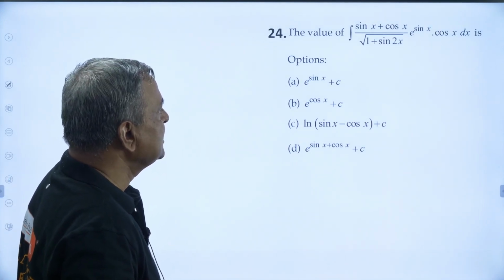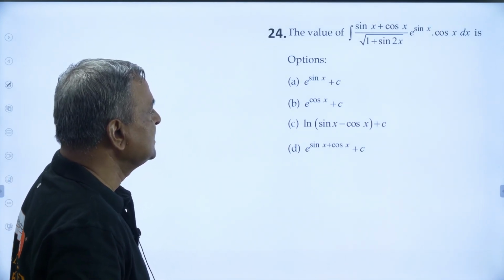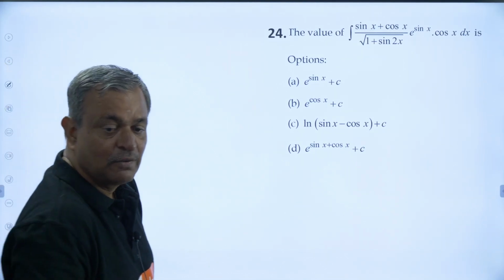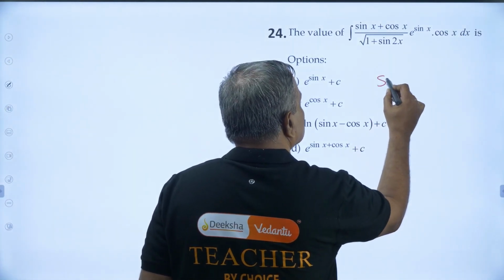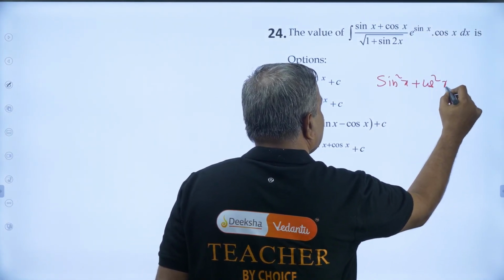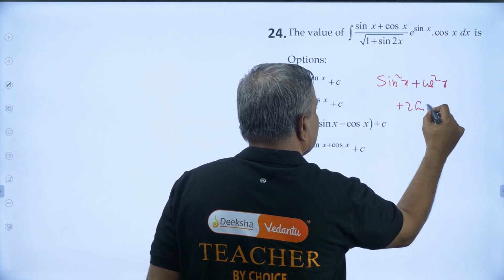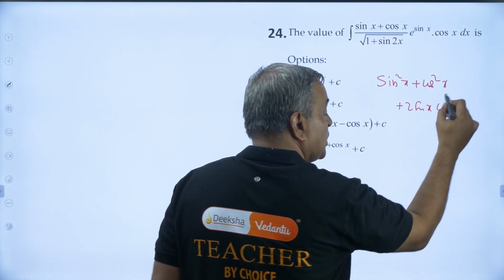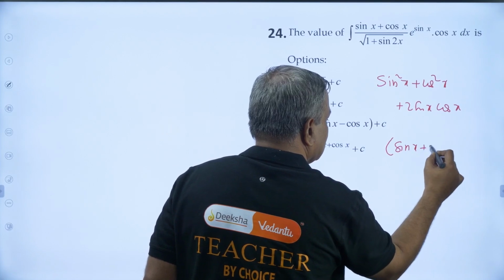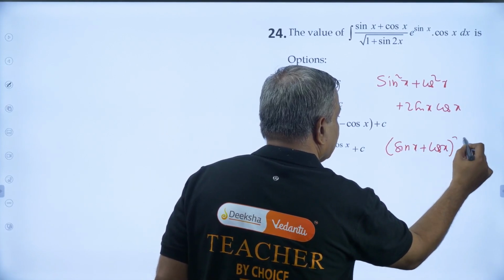So integral of (sin x plus cos x) by root of 1 plus sin 2x, into e to the power sin x. What is 1? Sin square x plus cos square x. Plus 2 sin x cos x in the denominator, this is nothing but sin x plus cos x whole square.